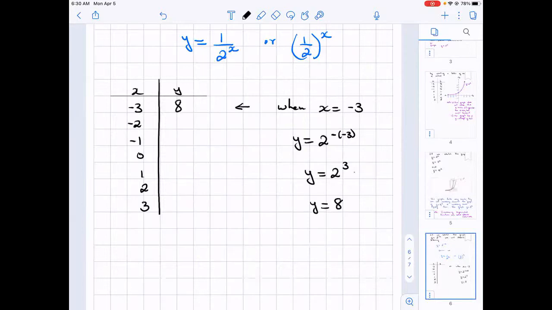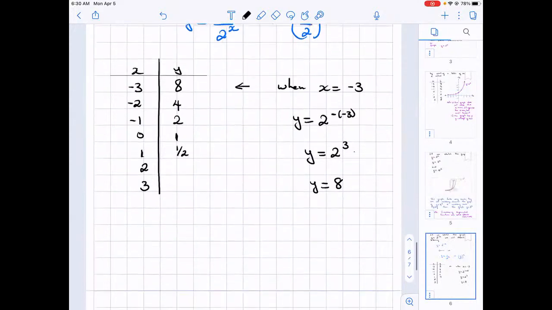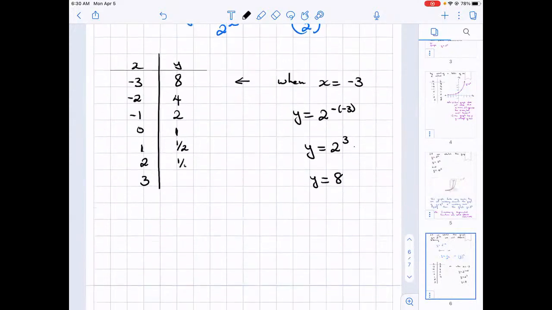So this value here is 8. That means this value here will be 4, this value will be 2, and when it's 0, it's going to be 1. When x is +1, it will be 1 over 2, and for 2 and 3, it will be 1 over 4 and 1 over 8, because of the negative.